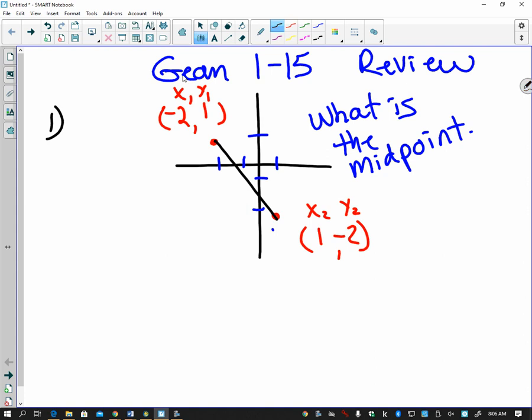All right, as a refresher, what is our midpoint formula, Allison? X1, you said minus? X1 minus Y1?